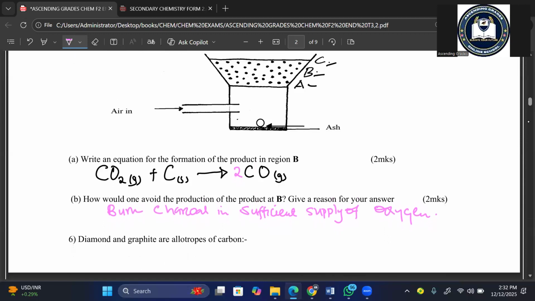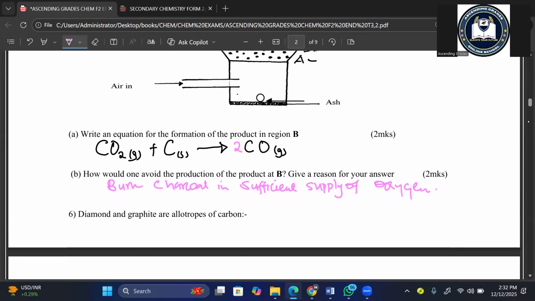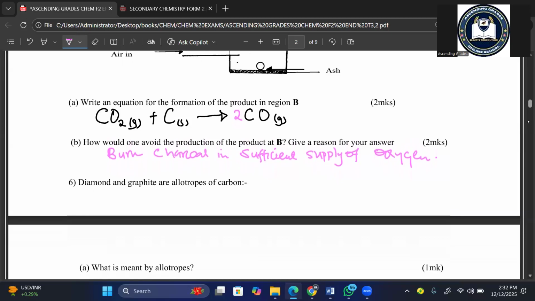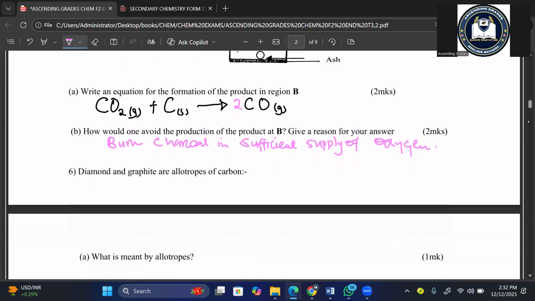Diamond and graphite are allotropes of carbon. Then the first question is what is meant by allotropes? What is meant by allotrope?